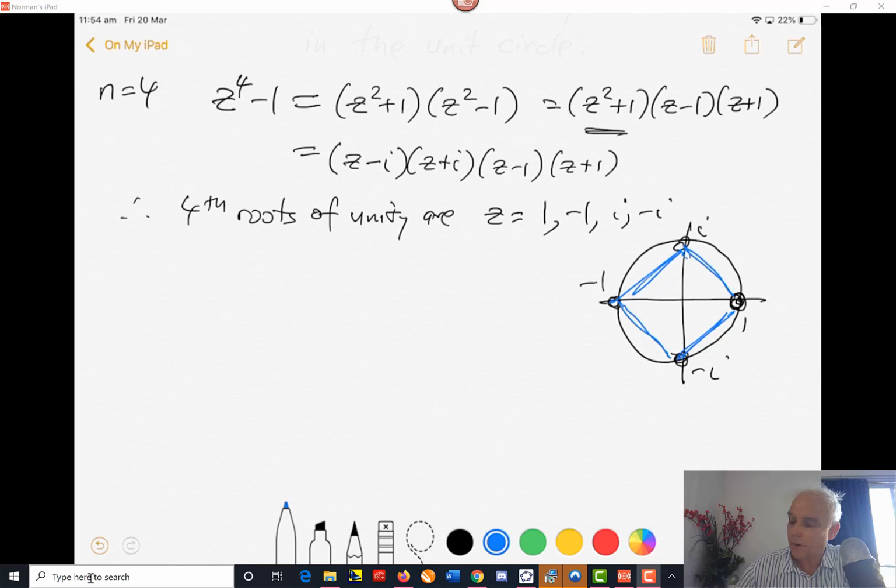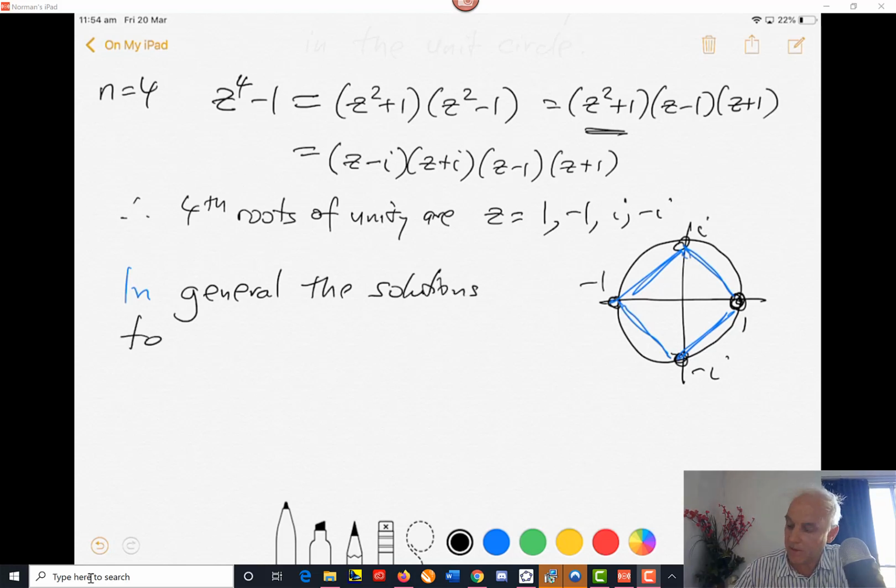In general, the solutions to z to the n equals 1 form a regular n-gon on the unit circle.